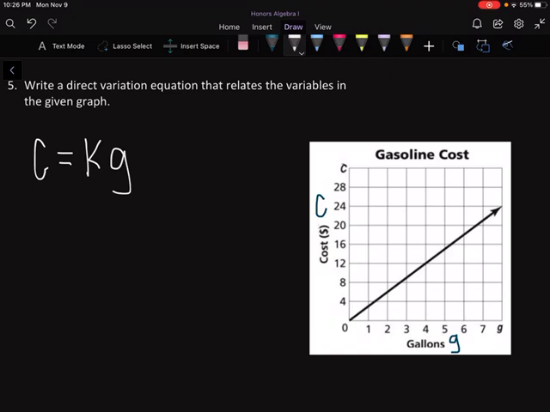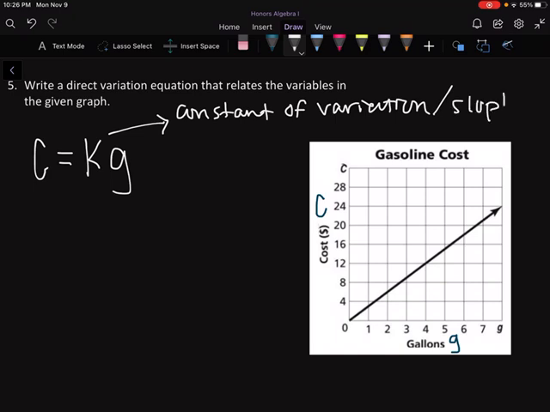K represents not only the constant of variation, but also the slope or the rate of change.